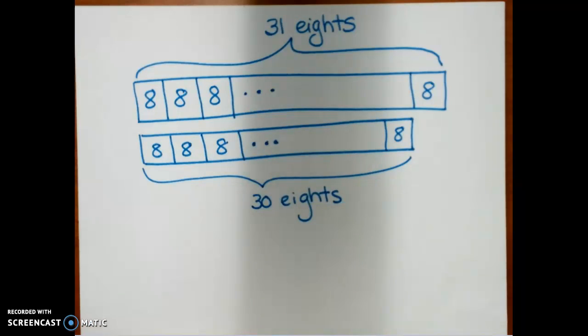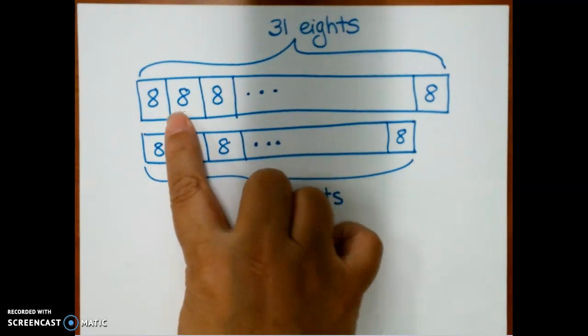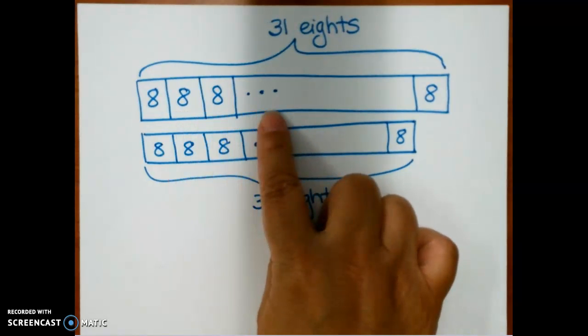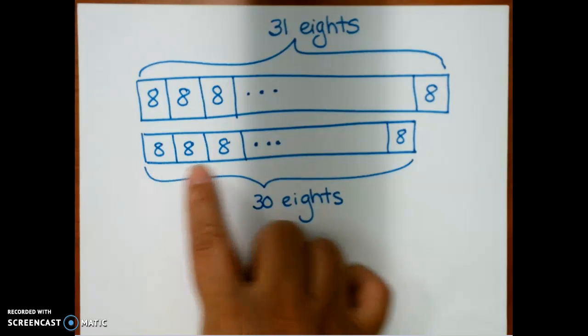Okay, so for this problem, remember I have 31 times 8, and I'm going to designate 8 as the unit. So I've got 31 eighths drawn up here, and then I've got 30 eighths.